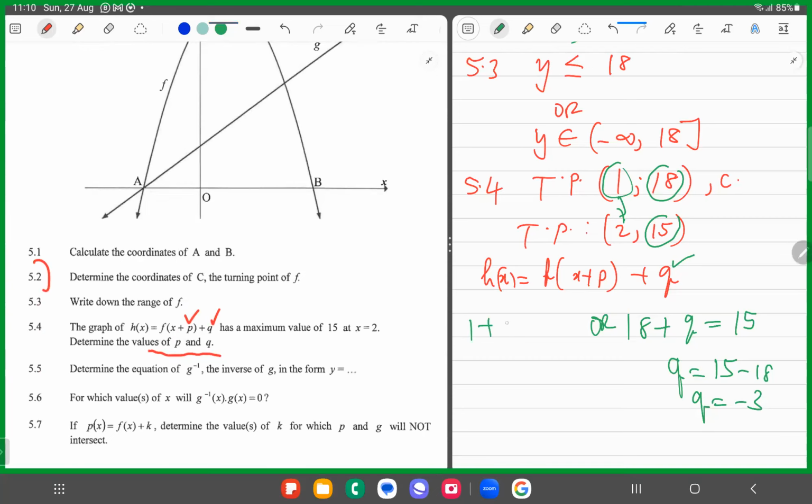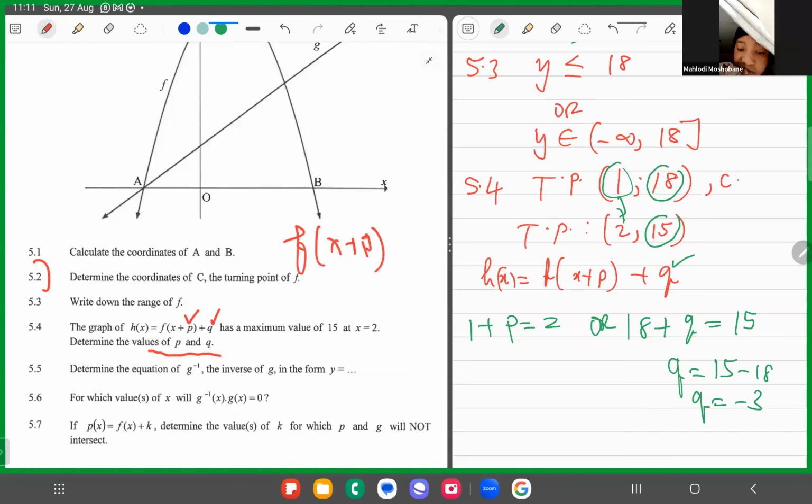You added a p to it, and the result became 2. And so what would the value of p be? One way to look at this very carefully is, if you have f of x plus p, and you want to get the value of p, it depends on what you add to the x.